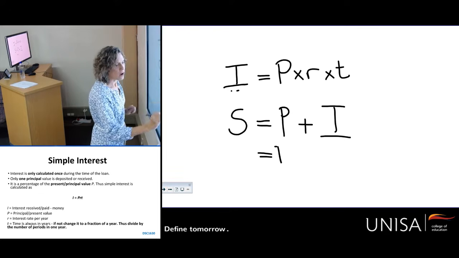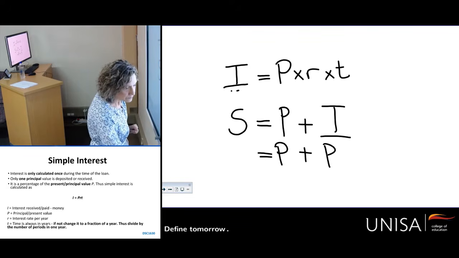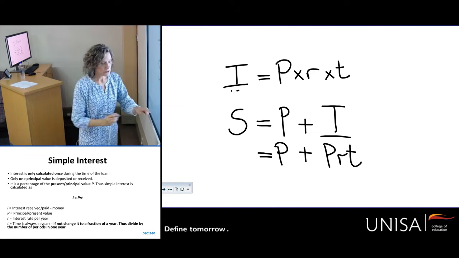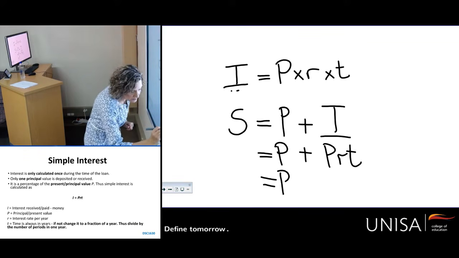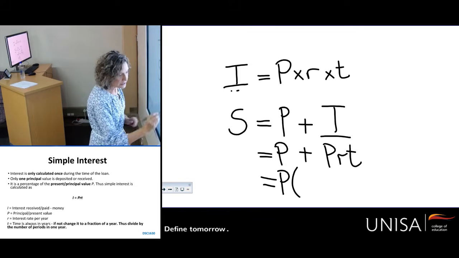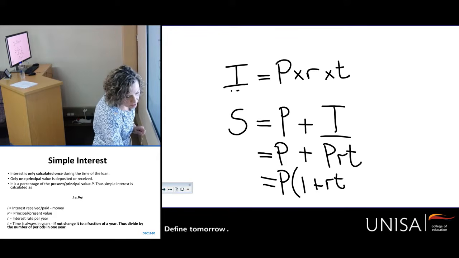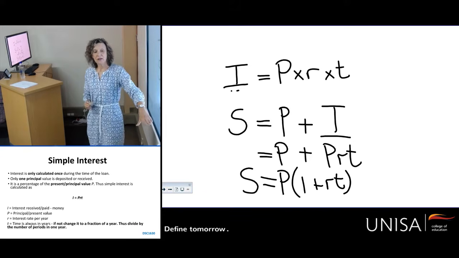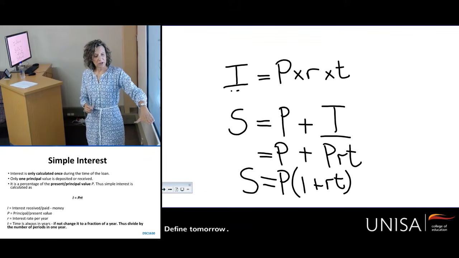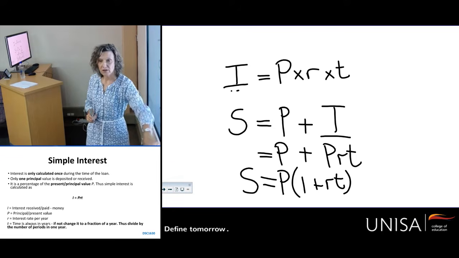Now, I we've denoted by PRT. In this term there's a P and that also a P, so if you take out P as a common factor, what is left of the first term is 1, plus the second one is R times T. This is then how we calculate the future value, or the amount that we will get back from the bank or pay the bank at the end of the time period: S equals P times 1 plus RT.